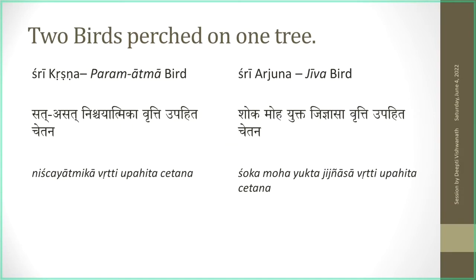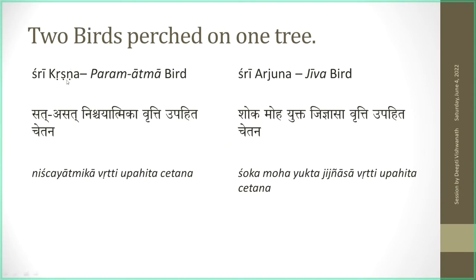Krishna, here in the context of the Bhagavad Gita. Paramatma bird. Paramatma is Brahman, Atman, any word, don't worry about that. Krishna here represents Paramatma, Brahman, absolute truth. The bird at the bottom, lower bird, busy enjoying the fruit, is Arjuna, the Jiva bird, all of us.